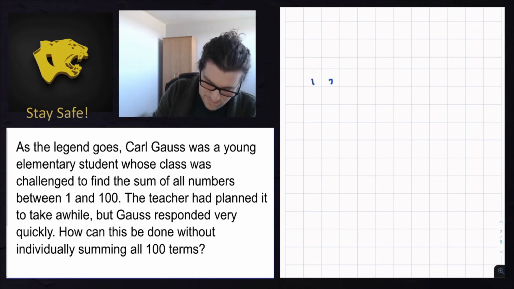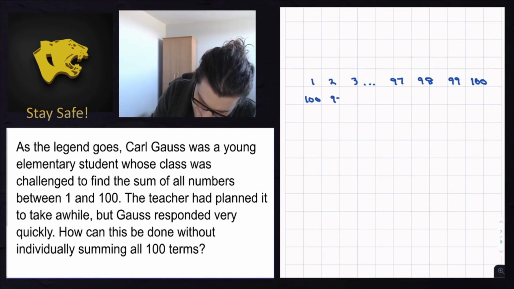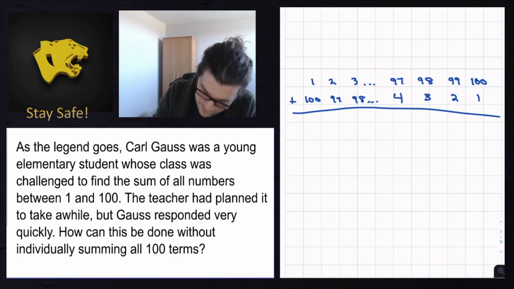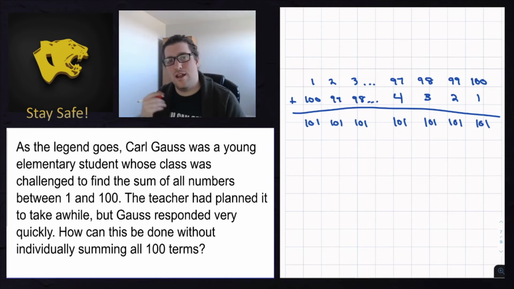So if I take all the numbers and I were to write them in order, and I were to take all the numbers and write them in descending order, it would look kind of like that. If I were to take those two lists and add them, I would notice that it gives me the exact same value every time.